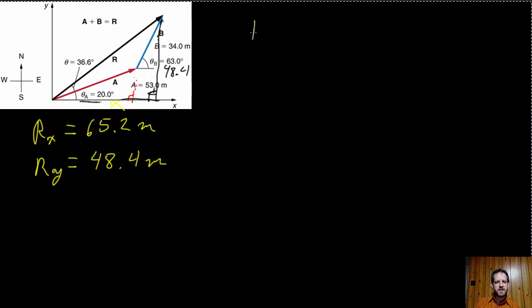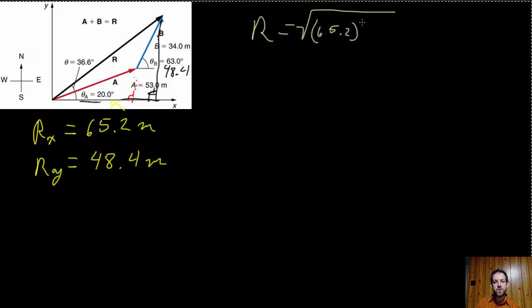So the magnitude of r equals the square root of 65 and 2/10 squared plus 48 and 4/10 squared.